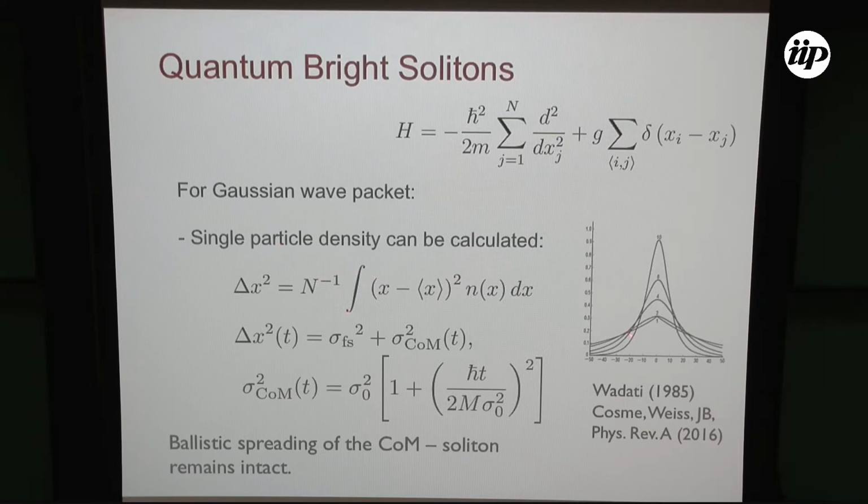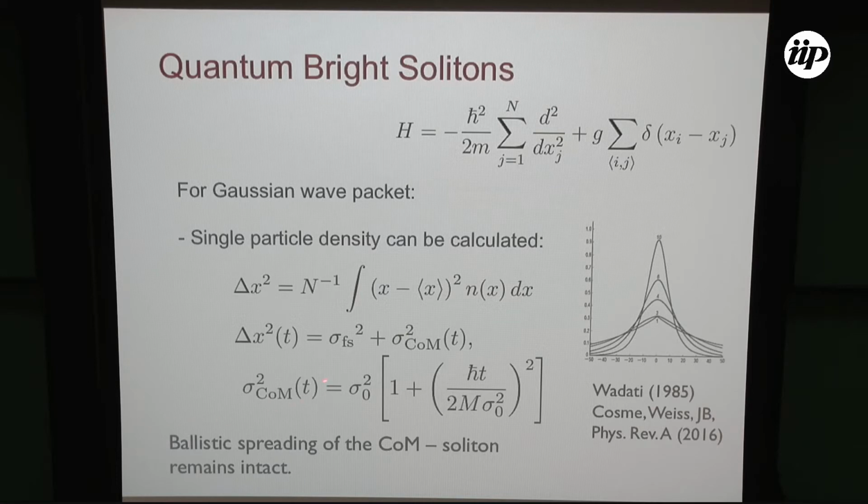so we want to look at, so it has a shape, depending on what the center of mass wave function is, of course, but for the bound state, you have already this shape, and then the center of mass also does something to it. So when you look at the variance, for example, it is not very difficult to prove that the variance of the single particle density here is a sum of a variance that just comes from the bound state and the variance of the center of mass wave packet.